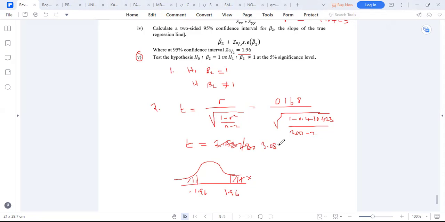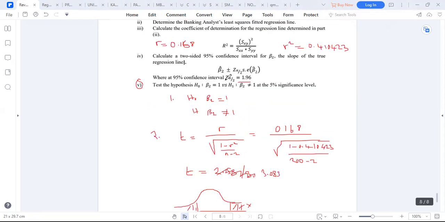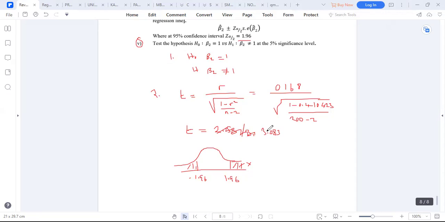Good. Then the Z we've been given is what? 1.96. So our 3.083 is in the rejection region here, so we can safely say our regression equation is statistically significant.